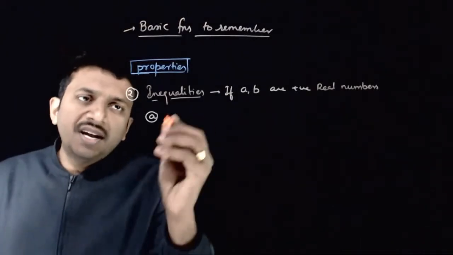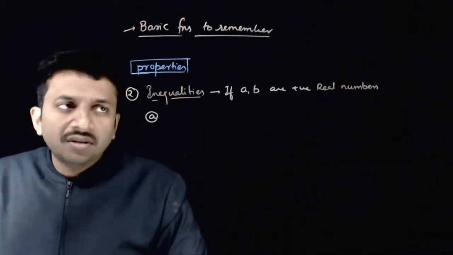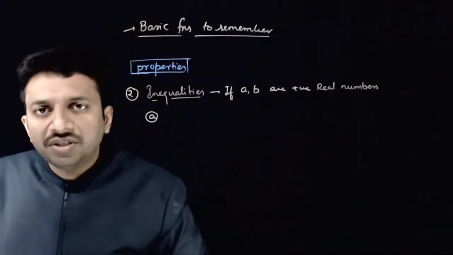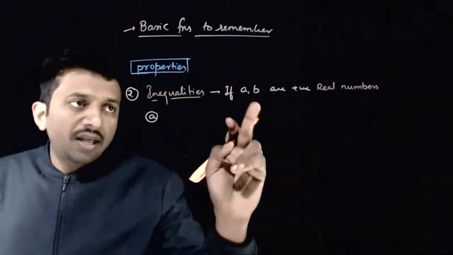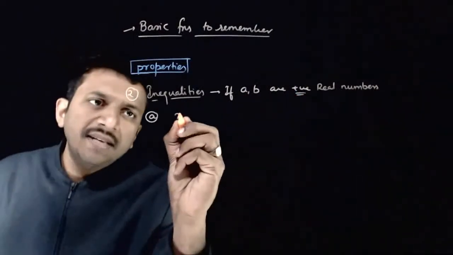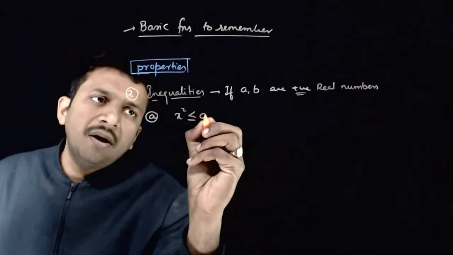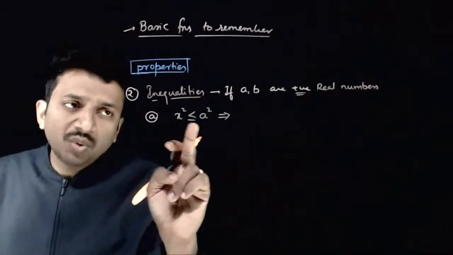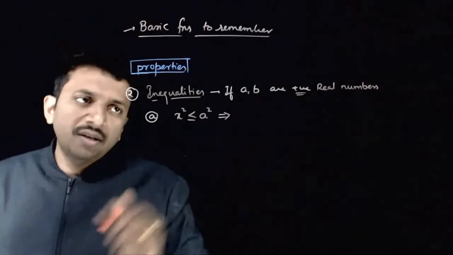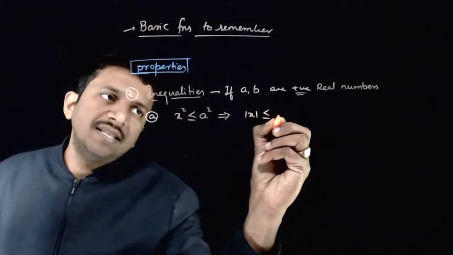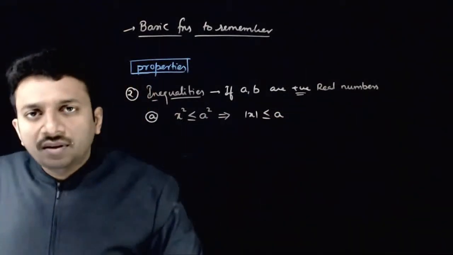So the next property is regarding the inequalities, and this property says that if a and b are two positive real numbers, and x square is less than or equal to a square, then this implies mod x is less than or equal to a.